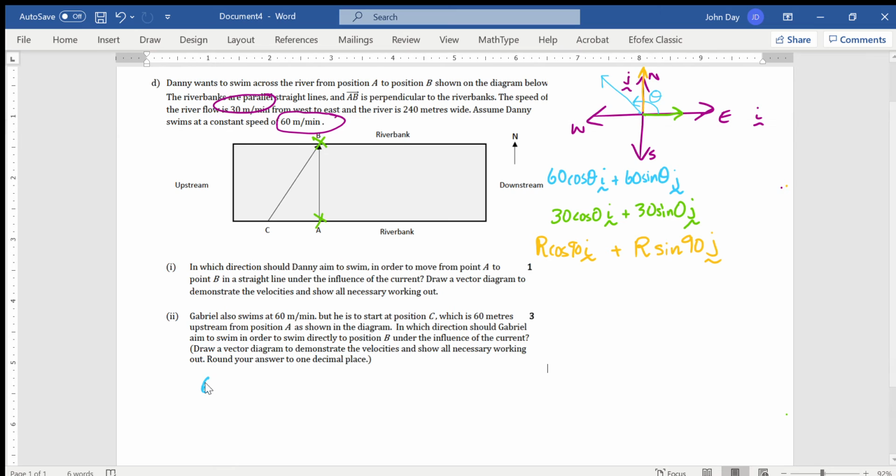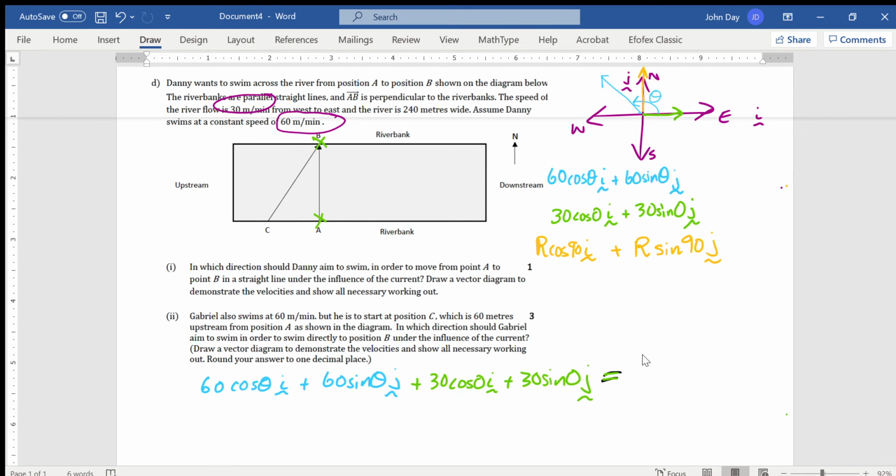It is 60 cos theta I plus 60 sine theta J. And we need to add to that the green one, which is 30 cos 0 I plus 30 sine 0 J. And that's going to be equal to, so just pop an equal sign there, and in yellow I've got R cos 90 I plus R sine 90 J.